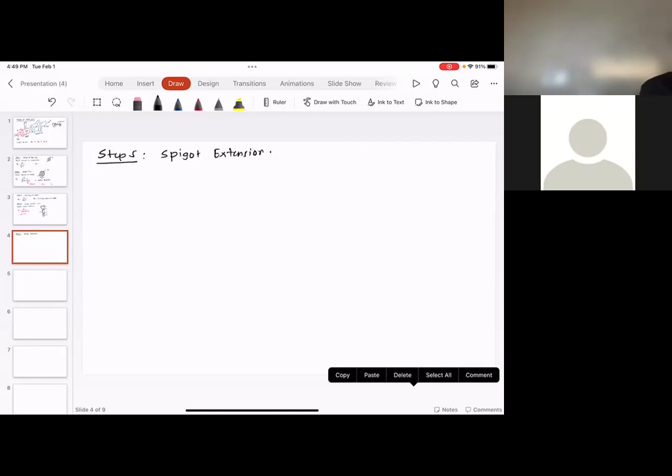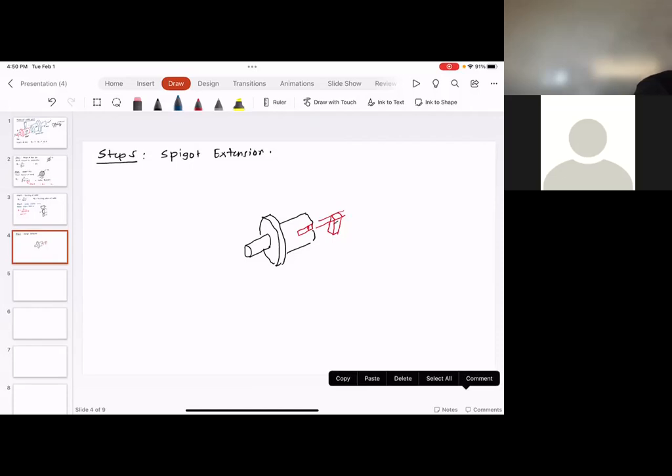So if you look at the spigot extension, I want you to visualize that the quarter can actually slice the whole thing. And what would happen is, this teeny tiny part of the spigot, and here is the quarter.